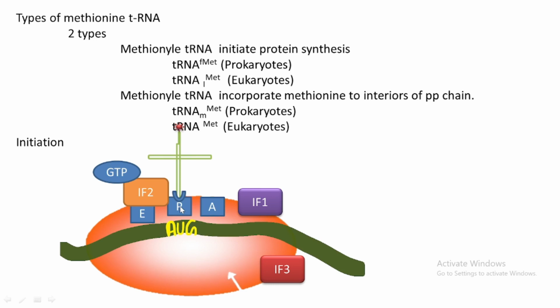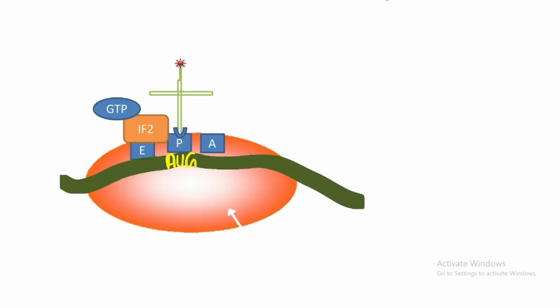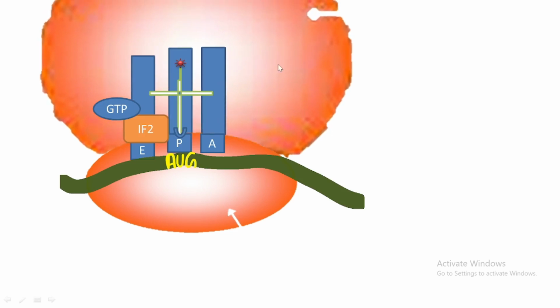After it binds, initiation factor 1 and initiation factor 3 are released from the small ribosomal subunit. We know that initiation factor 3 prevents the large subunit from binding with the small subunit. So as initiation factor 3 is released, the large subunit is free to come and bind with the small ribosomal subunit.